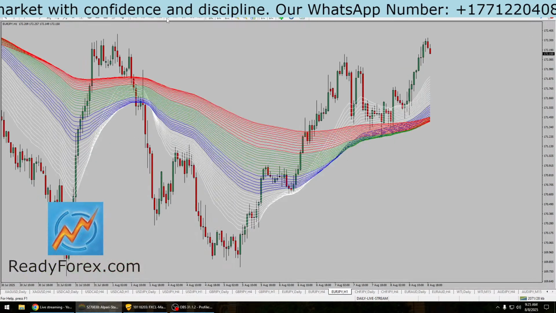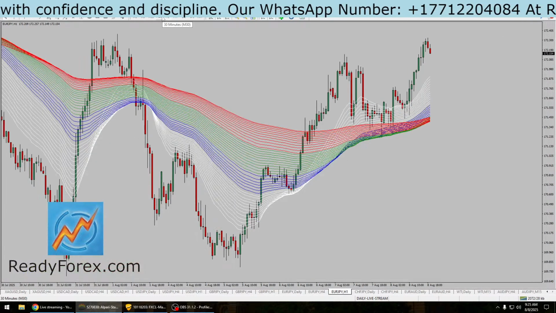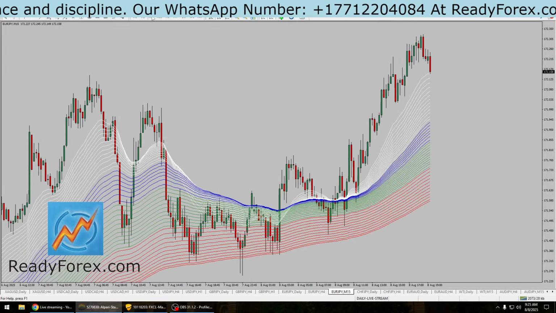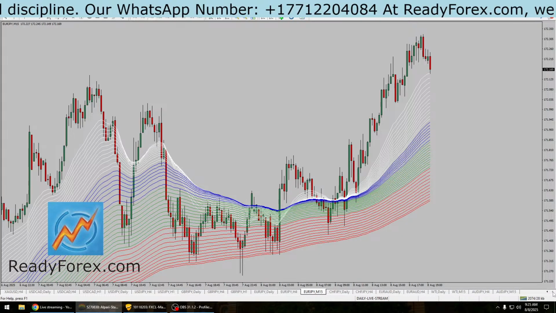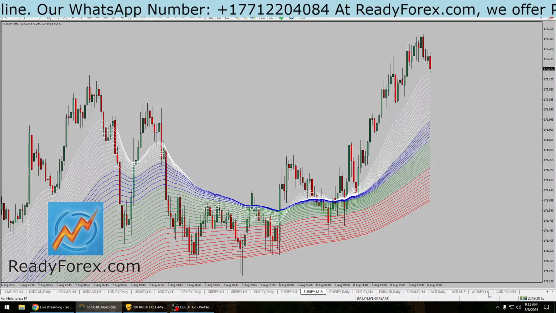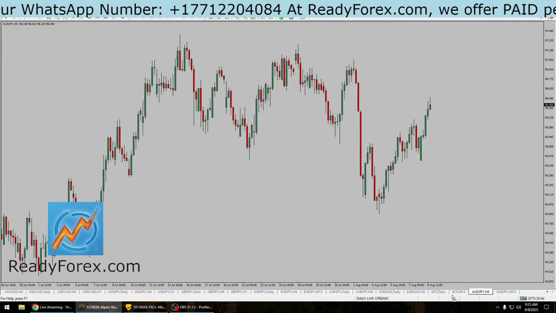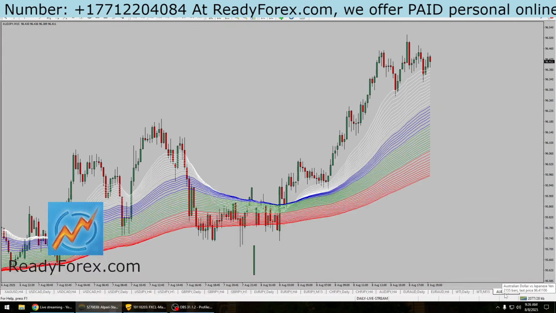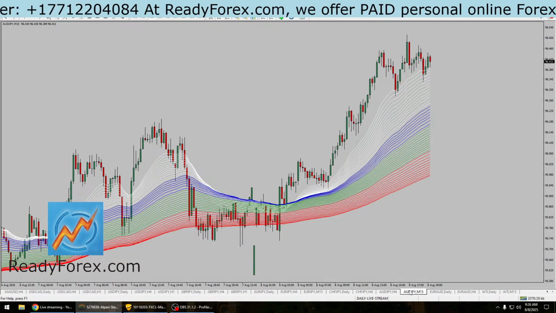Let's check out the 1 hour time frame over here. I'm going to move the AUDJPY pair over here as well, along with Swiss franc yen pair.